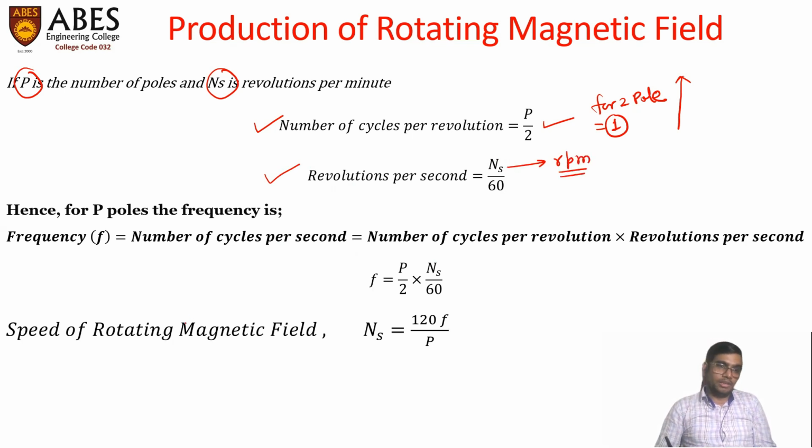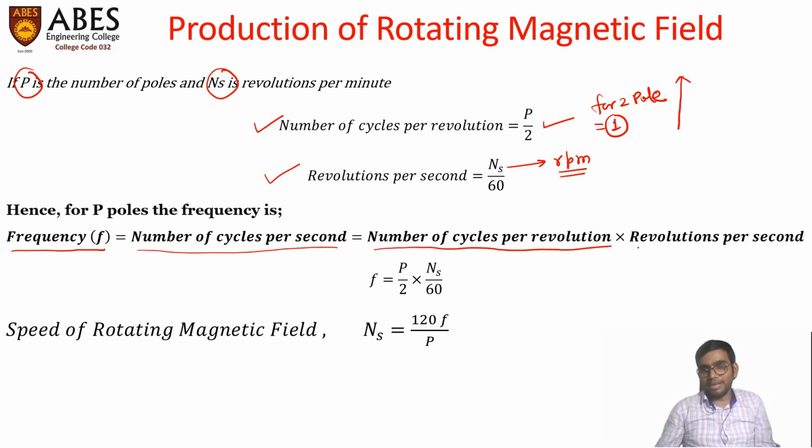So now we will find a relation, that is frequency. For a P-pole machine, how can we relate the number of poles, applied frequency, and the RPM? So frequency is nothing but the number of cycles per second. So the number of cycles per second is the number of cycles per revolution multiplied by revolutions per second.